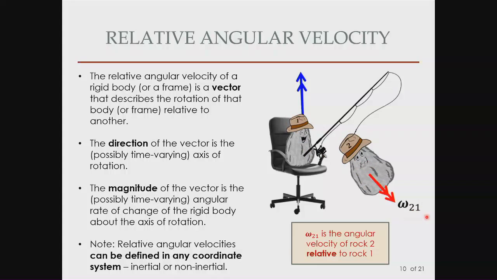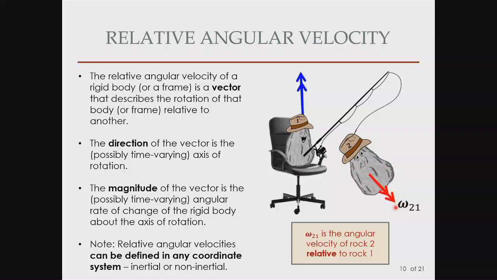So this means the angular velocity of this body 2 relative to this body 1. So what does it mean? It means that relative to this body, to its motion, this one is rotating about this direction.